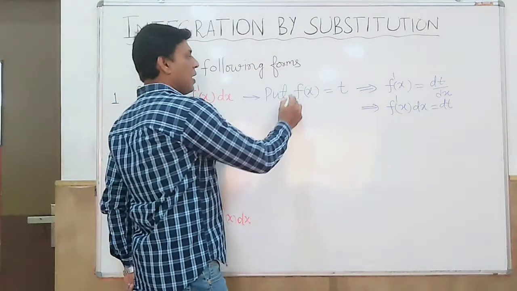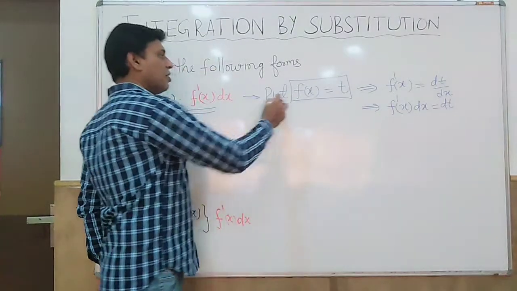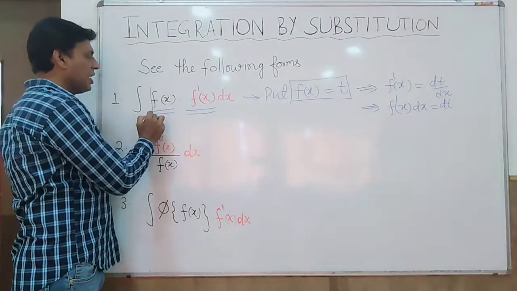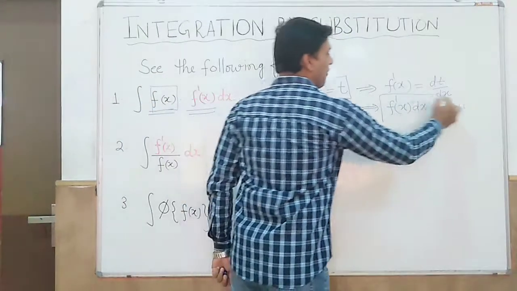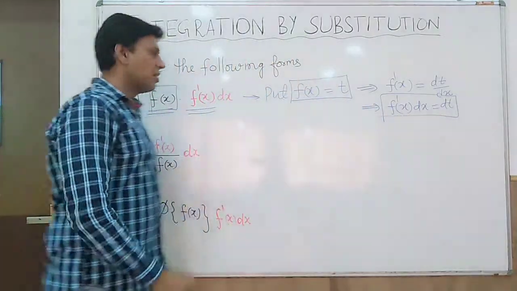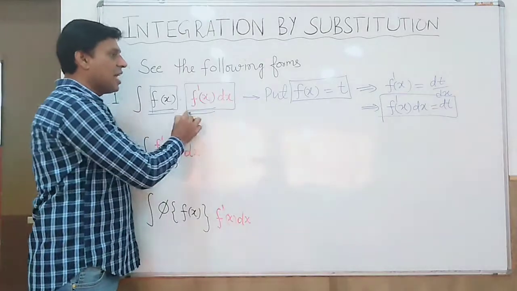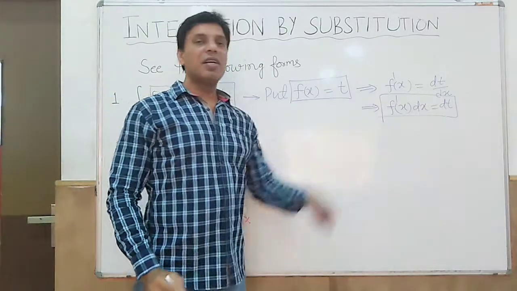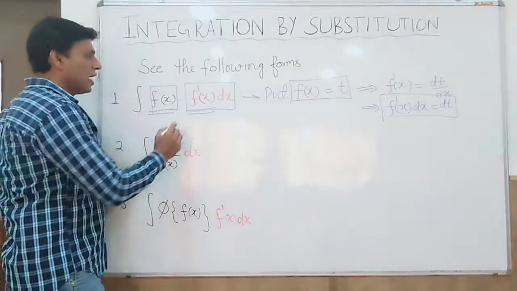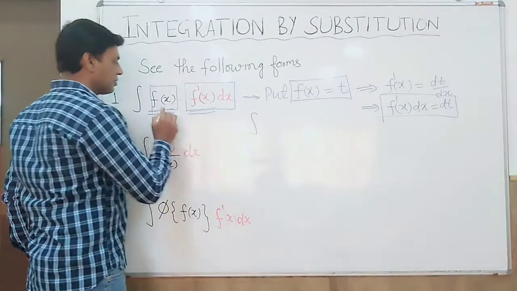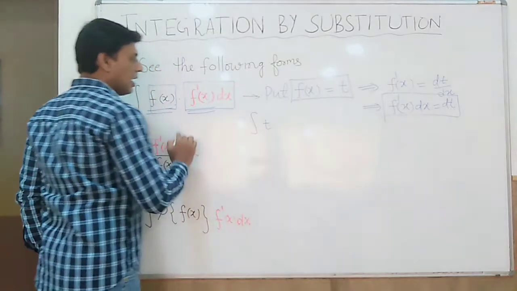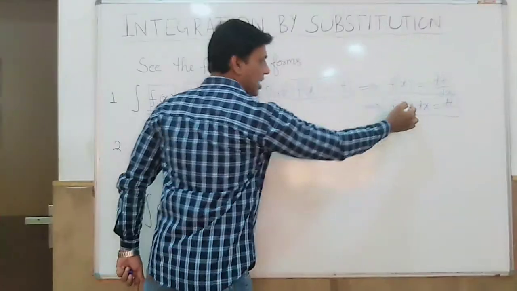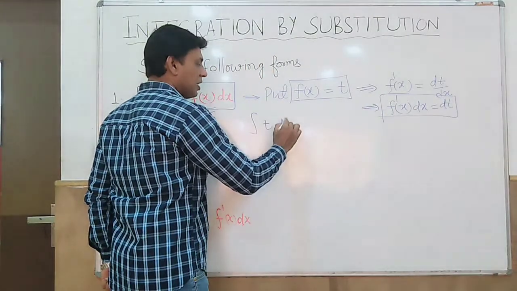So now we have to substitute these two things. In place of f x, you have to put t, and in place of f dash x dx, you have to put dt. So your integration will become t dt.